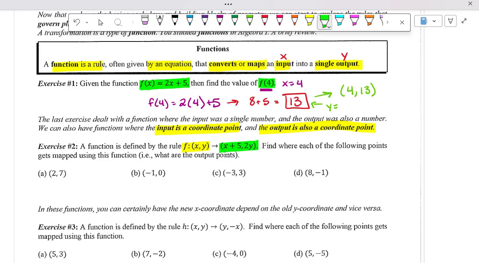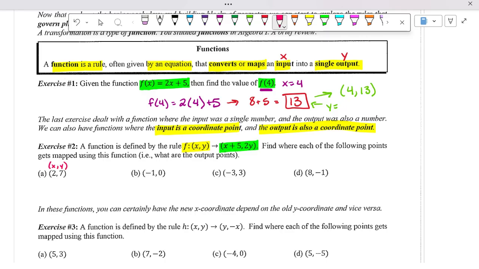It's actually fairly simple. So let's do an example first off. If I'm given the point 2, 7, this would be my x, y. This is my input technically. So what do you think I'm going to do to get my output? Right. Plug them into x and y respectively. So this is my original point, x, y.